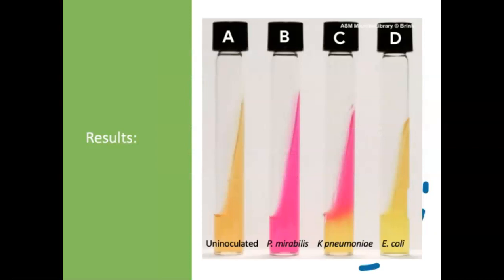The remaining organisms, the E. coli, the Klebsiella pneumoniae, and the Proteus mirabilis, were used to inoculate urease test media. Now, what you're looking at on this slide are those 3 organisms in their tubes, as well as a control tube.